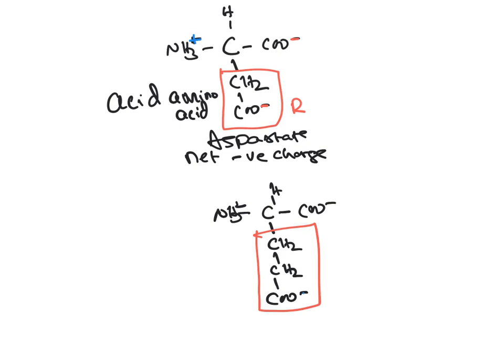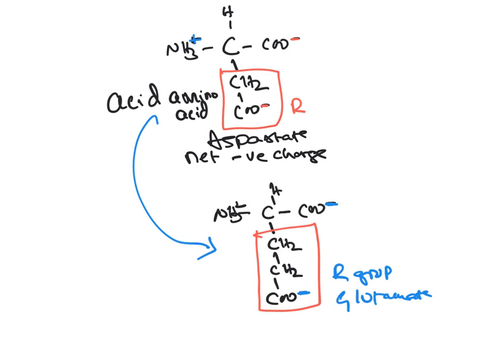That means it has a negative charge in the R group, and we have one more negative charge on the primary carboxyl group. So 2 negative and 1 positive charge on glutamate. So it has a net negative charge. That's why glutamate is also an acidic amino acid, or a negatively charged amino acid. So that's about the 2 negatively charged amino acids.